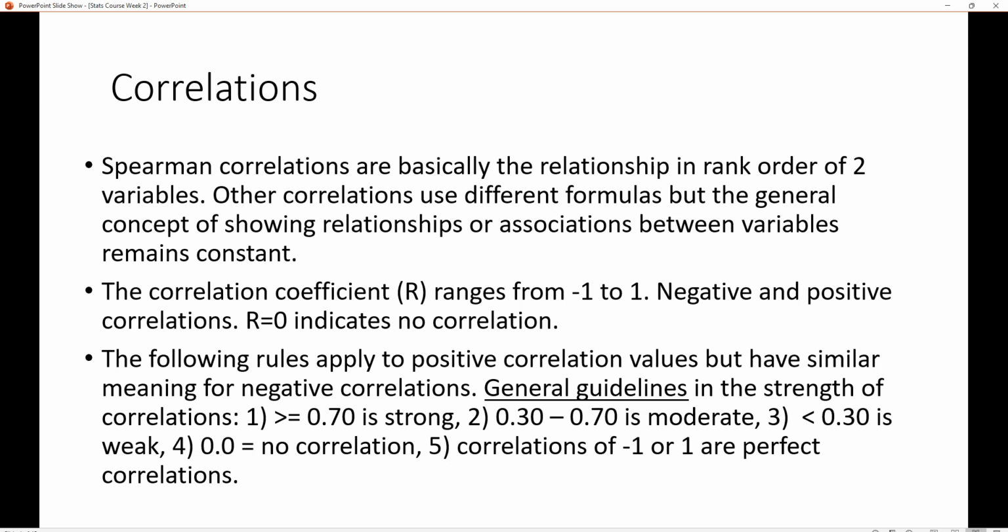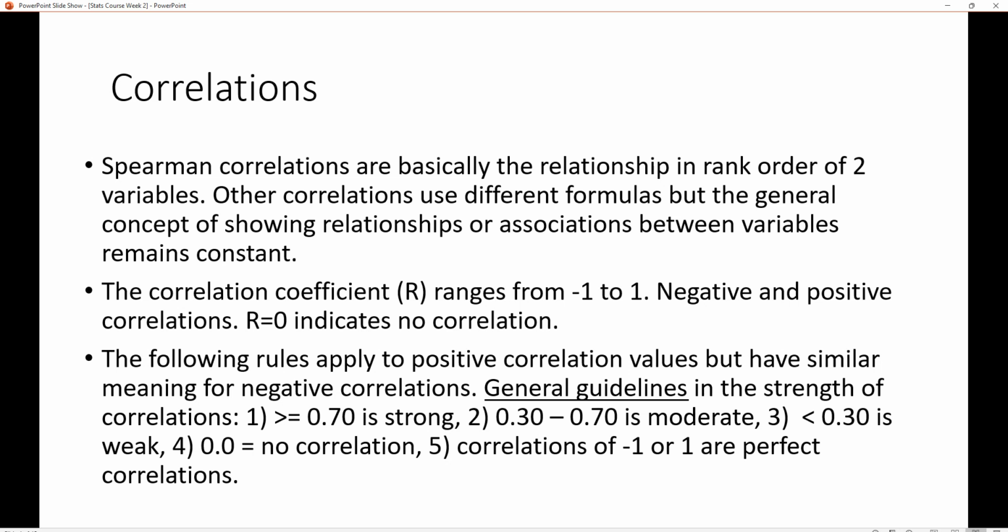Some general guidelines in interpreting the strength of correlations: for example, a correlation of 0.70 would be considered a strong correlation. Correlations that range from 0.30 to 0.70 are generally considered a moderate correlation.